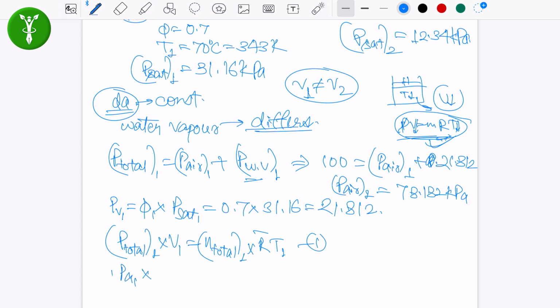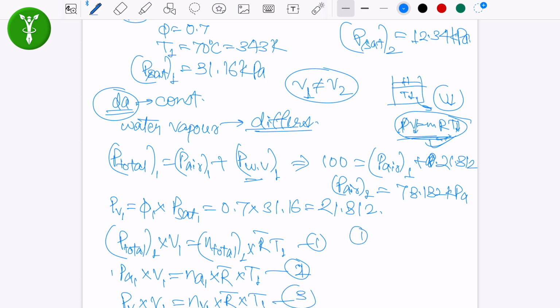Similarly, PA1 into V1 is equal to Na1, the number of moles of air at 1, into R bar into T1. This is second. And PV at 1 into V1 is equal to NV1 into R bar into T1, this is third. Now, if I divide 1 by 2, that will be equal to P total at 1 divided by PA1 is equal to N total divided by Na1.